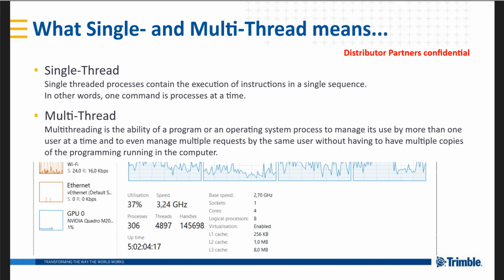Multi-thread is the ability for a program to be used by more than one user at a time, or even manage multiple requests by the same user without having to have multiple copies of the program running on the PC. So it can actually solve the process in a much faster way. That's why multi-thread is so important for the software solutions in the market.